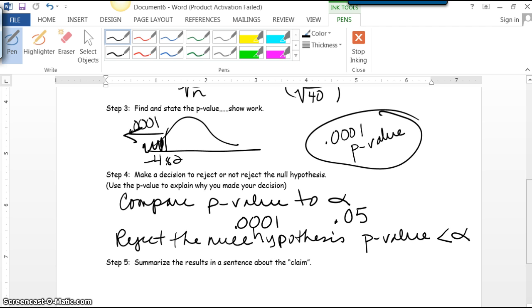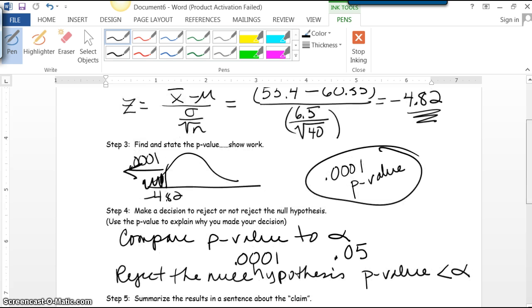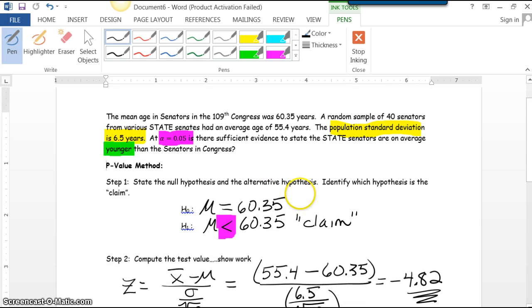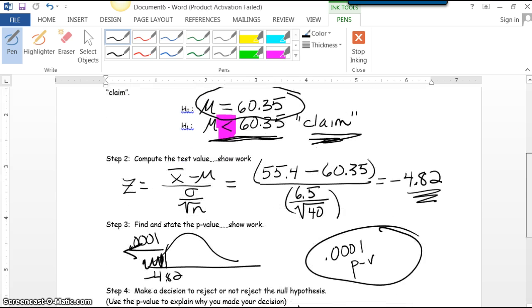And then when you look up here, we're actually rejecting the null. We're rejecting that one. And so we're saying the alternative is true, and the alternative has the claim associated with it. So we are supporting the claim. We're rejecting the null, which means the alternative is true, and the alternative has the claim with it, so we're actually supporting the claim.